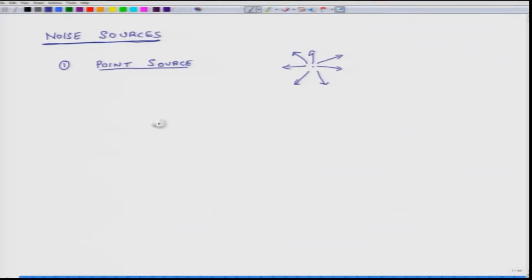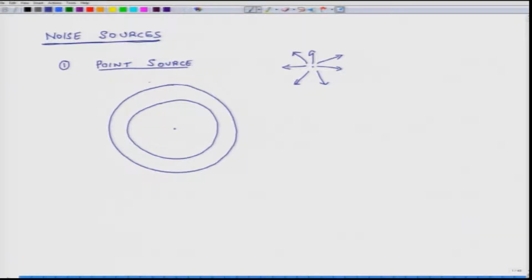So, what is special about a point source? Based on the mathematics of point sources or monopoles, which we have already done, suppose there are two concentric circles, or spheres in this case, and the point source is located at the center. Let us say this distance is r, and I know this is not the right scale, but let us say this is 2r.